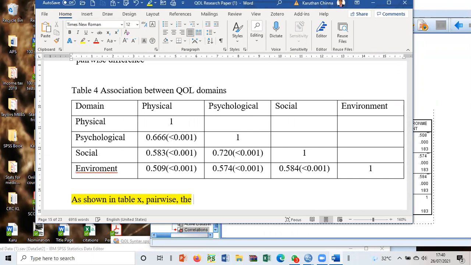The scores in all domains are significantly correlated with each other. Right? With each other.